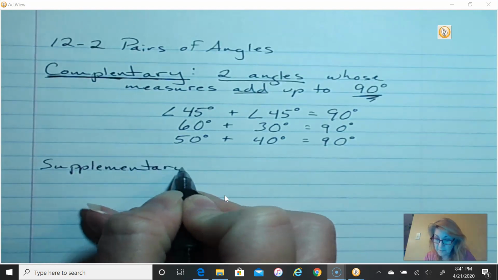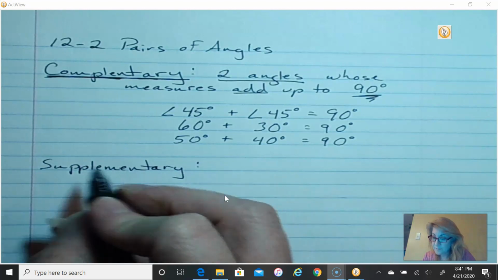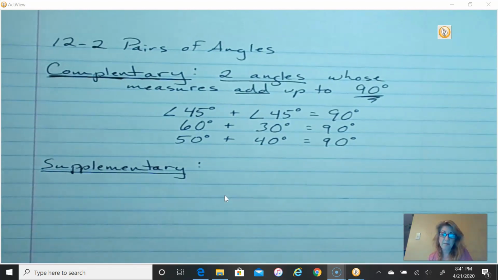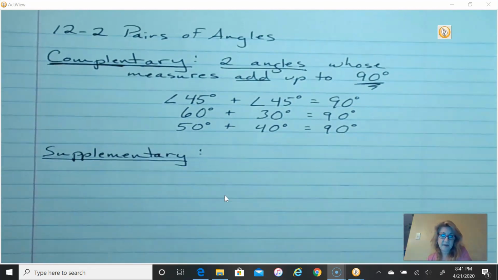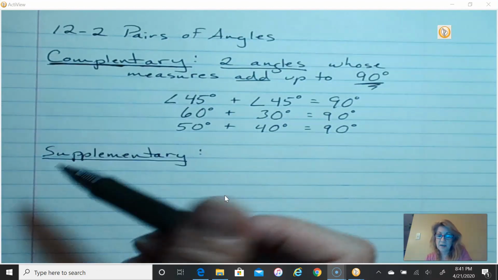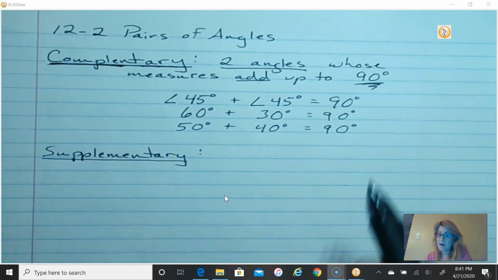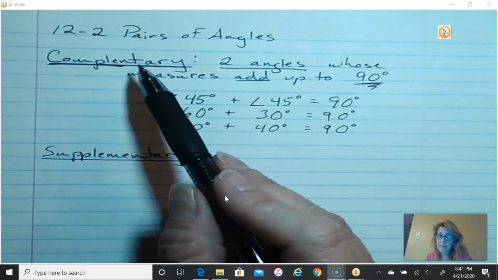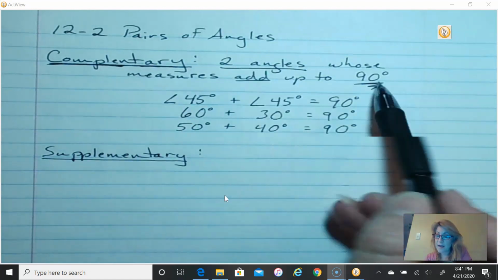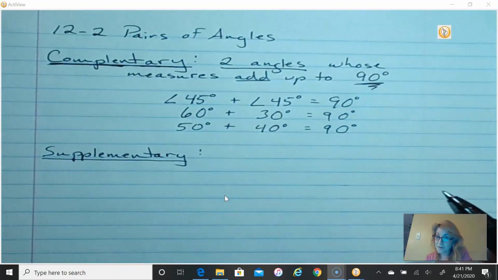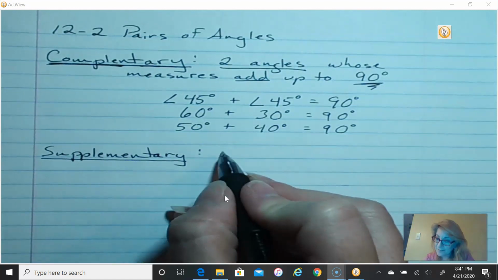Supplementary angles. Supplementary. So complementary, supplementary. Now, complementary are two angles that when added give you 90. What do you think supplementary are?